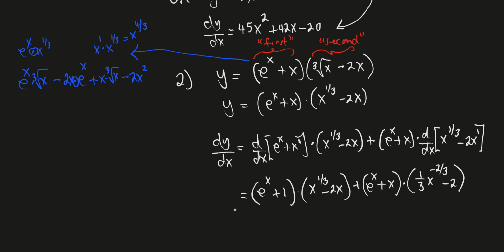Unless I am told specifically to write your answer in the most simplified form, but even that is still a little ambiguous, because what one person thinks is simplified, someone else might think otherwise, right? So in this case, we'll stop here, and this is our derivative of this product.